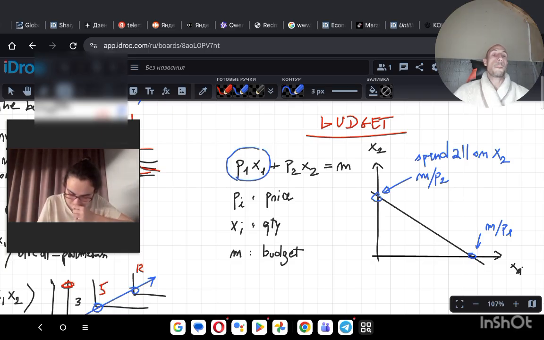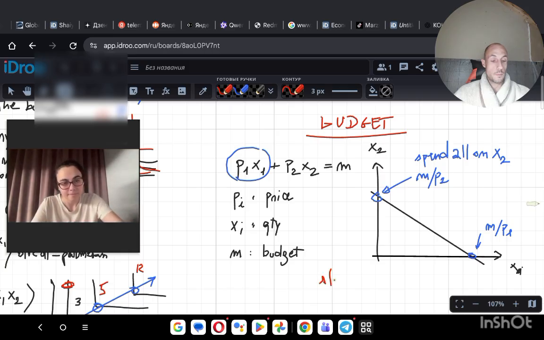Now, let's talk about the slope. The slope is, mathematically speaking, minus p1 divided by p2. Isn't it?